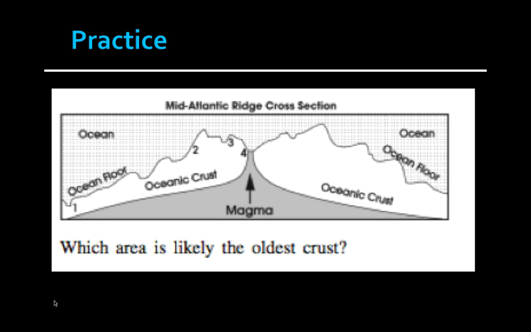Which area that's marked with numbers 1 through 4 is most likely the oldest crust? Think about as that magma rises, it's going to go up over the top of the ridge and spread out. So over time, where's the oldest crust going to be found? At number 1, 2, 3, or 4?